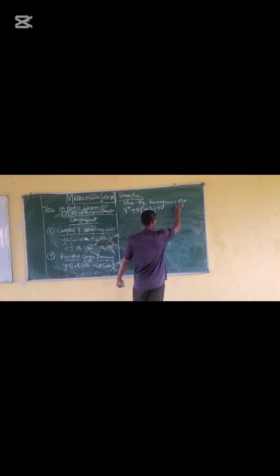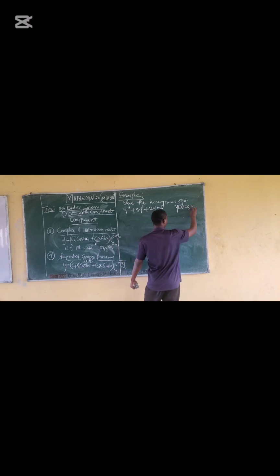The homogeneous equation, and I have the expression y prime prime plus 3y prime plus 2y equal to 0, at condition where y of 0 is equal to 0 and y prime of 0 is equal to 4.